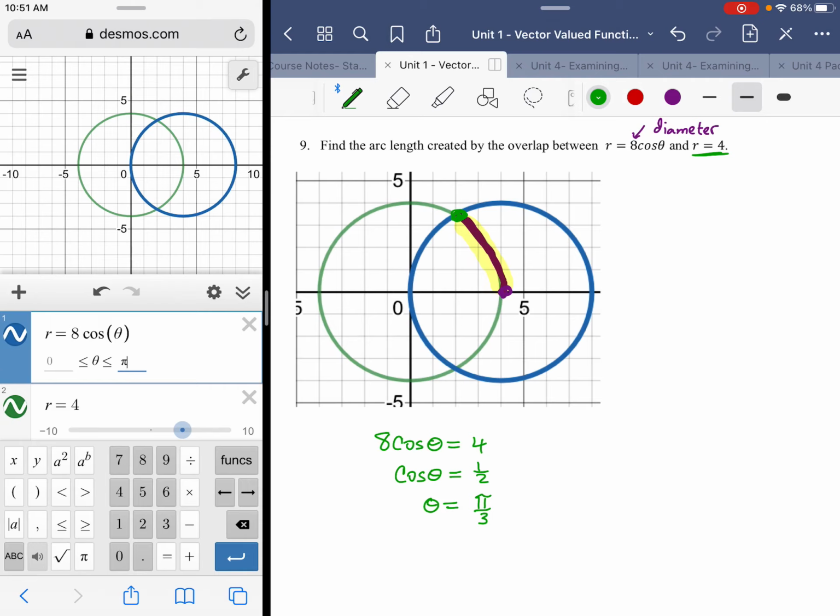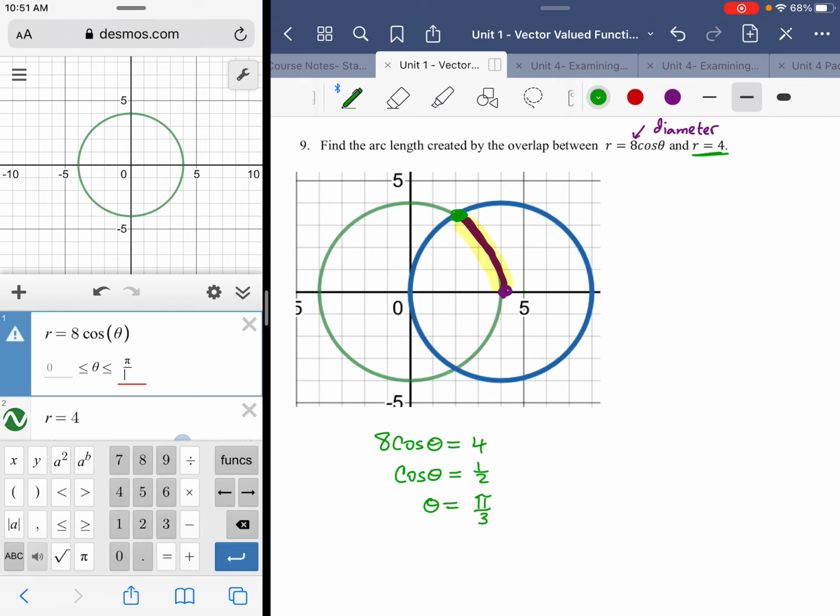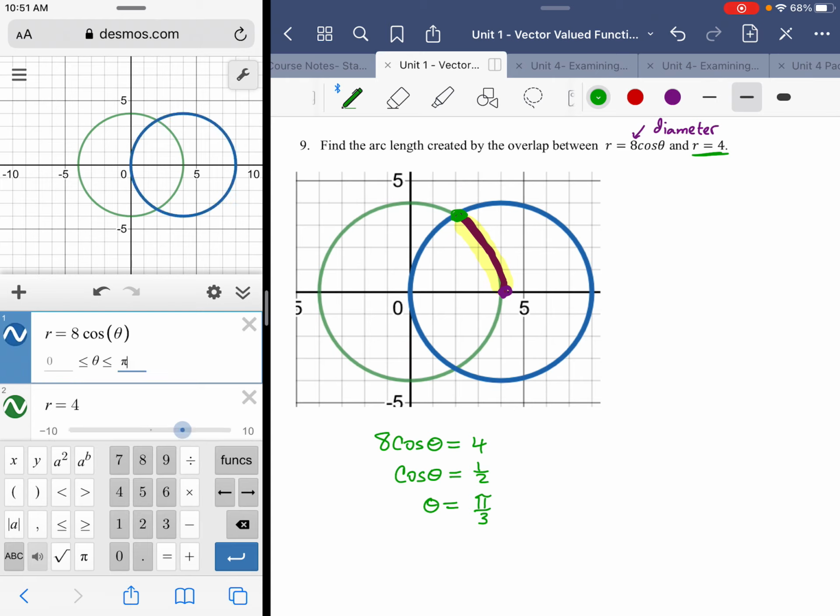All right, so we got that part. And we can verify it, just focusing on the 8 cosine of theta. Pop in a pi over 3 and see where that gets you. That gets you to the intersection, so we know we're in good shape there, location-wise.